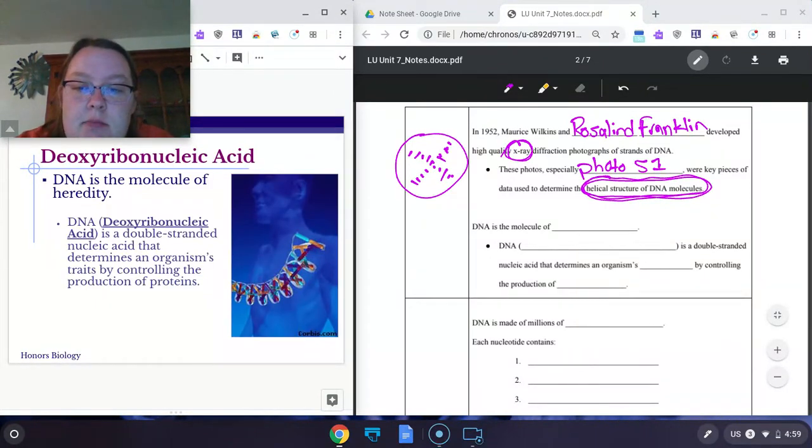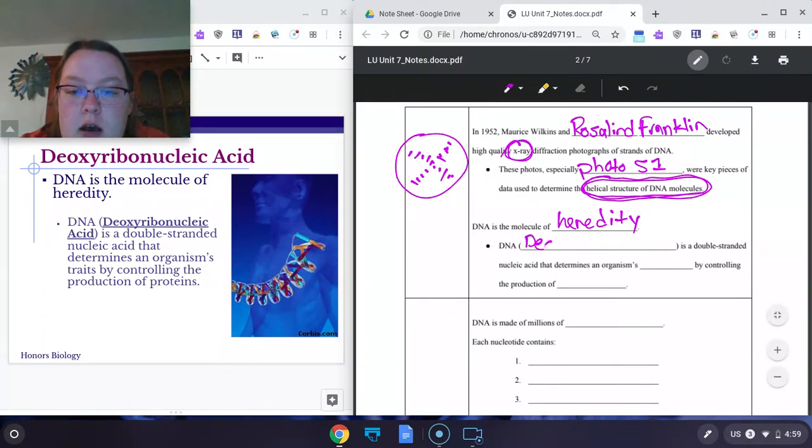So DNA is the molecule of heredity, meaning it contains genes, and those genes are passed on to your kids. And DNA stands for deoxyribonucleic acid. And DNA is double-stranded.